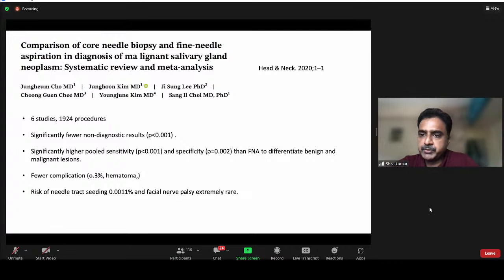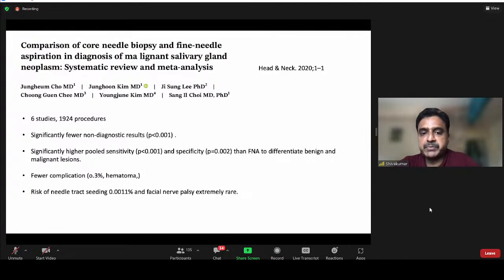And yes, again, previously Dr. Manu had raised concerns, and of course, every time we discuss core biopsy, there are concerns about facial nerve palsy, hematoma, and needle tract seeding. But this is one systematic review of 6 studies, which includes close to 2,000 patients, wherein the percentage of non-diagnostic core biopsies was very low compared to FNAs, which was statistically significant.